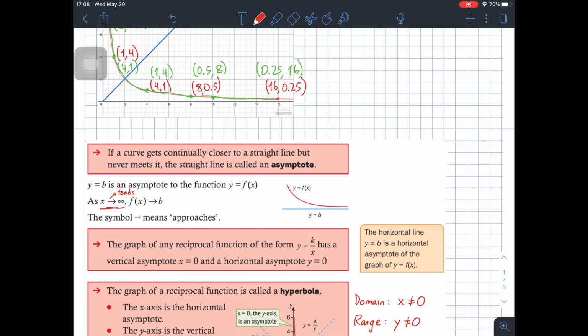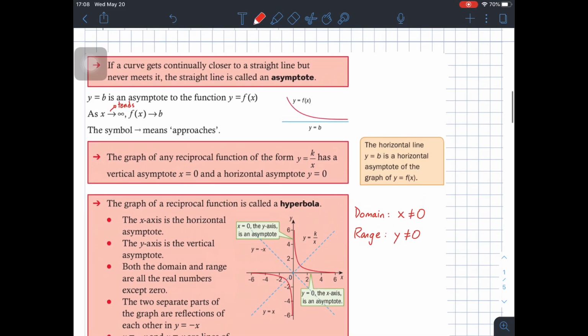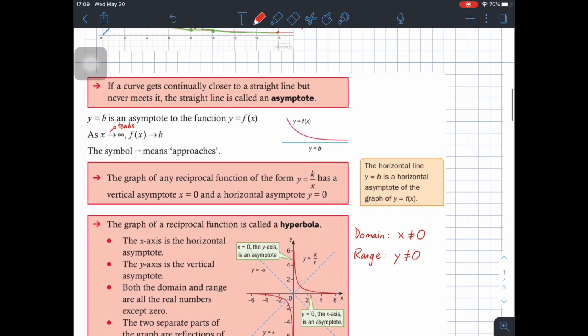As x approaches or tends to infinity, the function approaches or tends to b, but it never actually touches b, okay? It infinitely approaches that value, but it never reaches it, okay? So the symbol and this arrow means approaches or tends to.